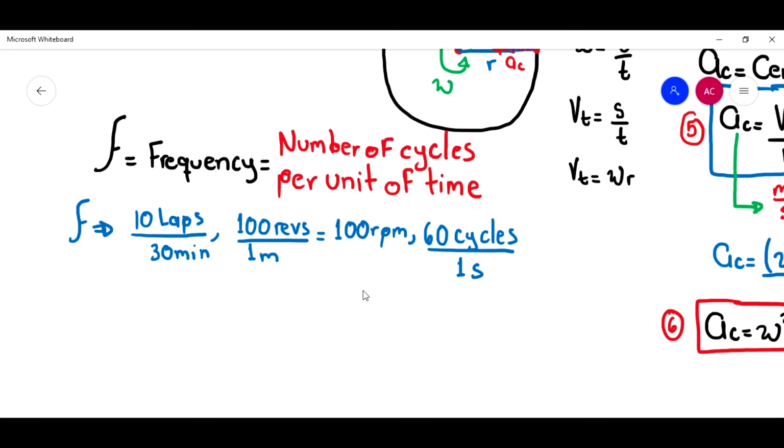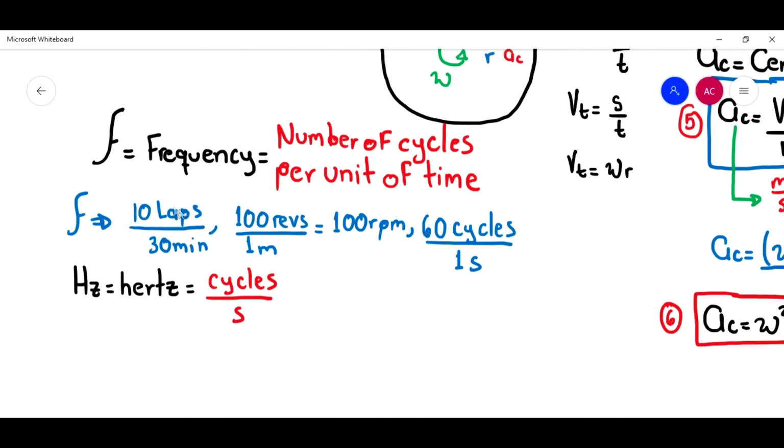But what are the official units for frequency? Okay, the official units for frequency are hertz. Okay, so this means hertz. Okay, so what are the hertz? They are cycles per second, number of cycles in just 1 second.